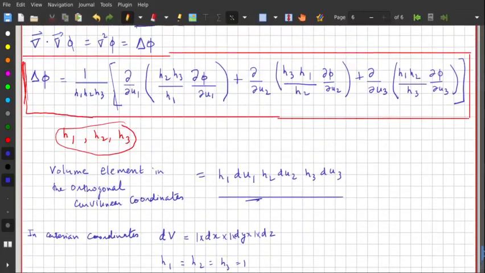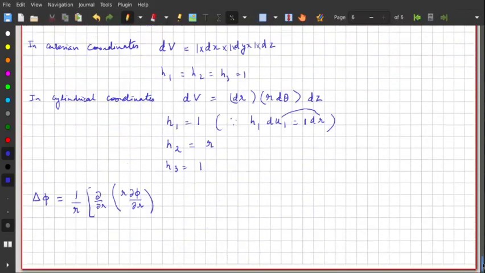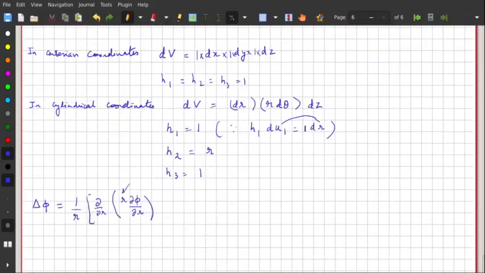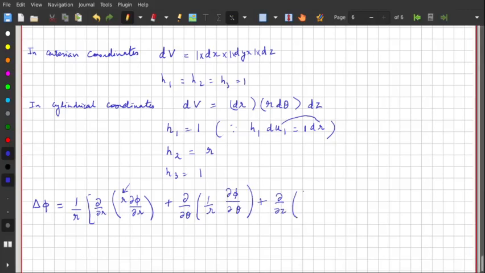You see, because that is h2 h3 by h1, and since h2 is r, this r comes from that h2, plus ∂/∂θ of (1/r) ∂Φ/∂θ, plus ∂/∂z of r ∂Φ/∂z.